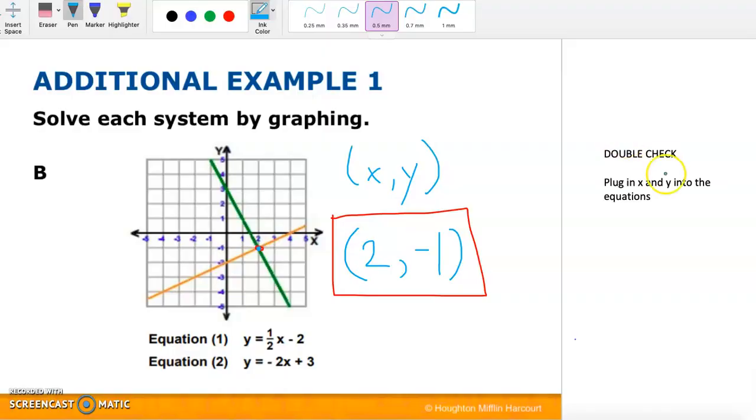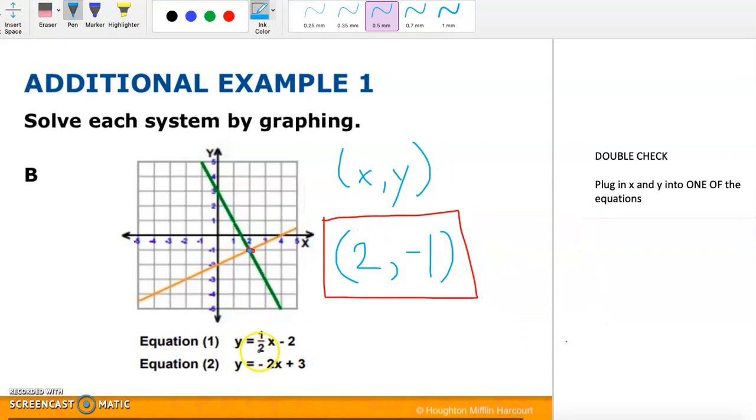The way that you double check your work is by plugging in x and y, your answer, into one of the equations. What I like to do is pick the equation that looks easiest to work with. I'm going to pick equation 2 because I don't want to work with a fraction.